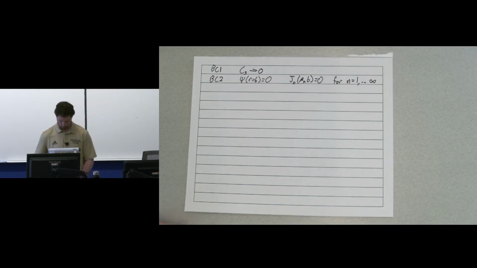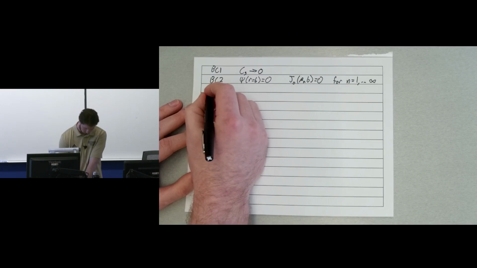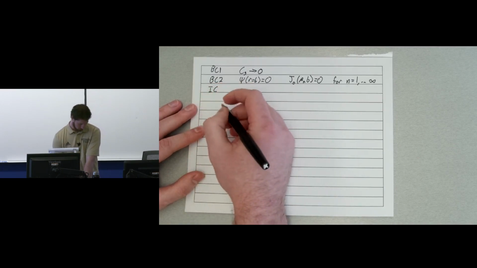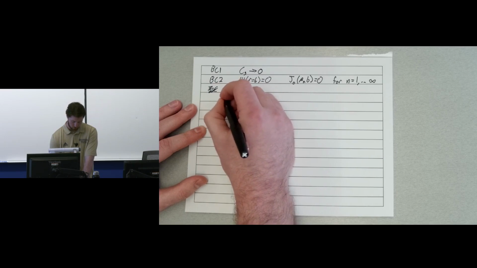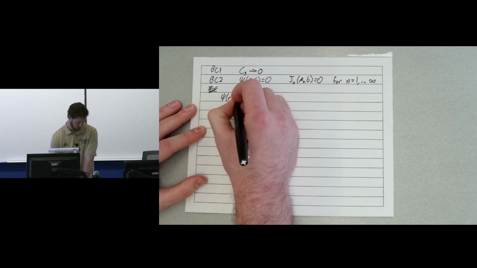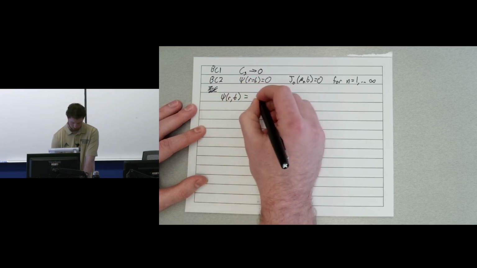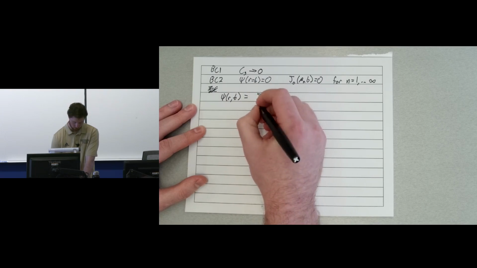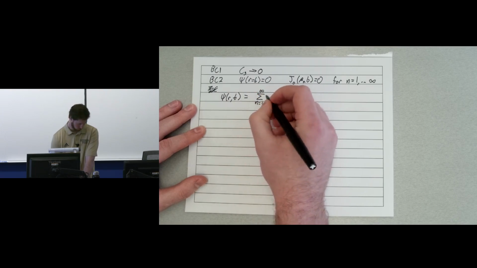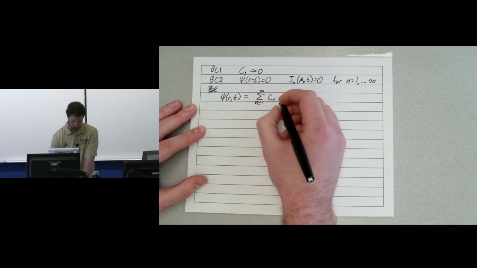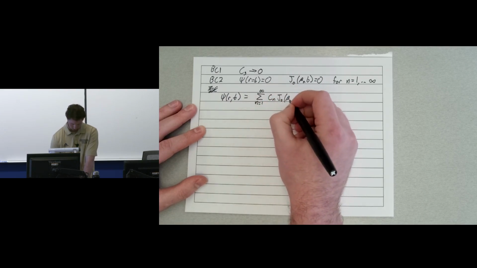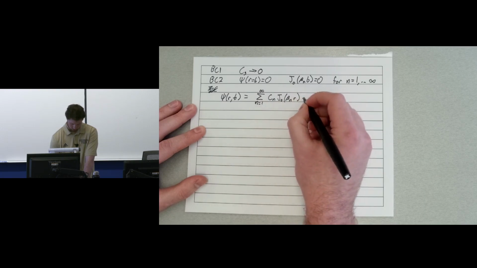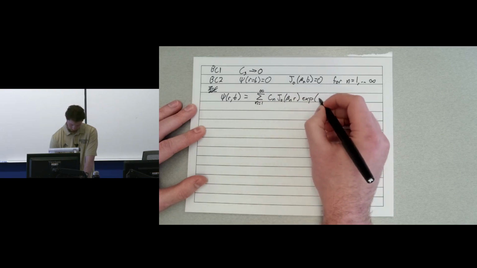All right, and then we can go ahead and apply our initial condition, or actually, let me rewrite this function out fully first. So we're going to say psi is now equal to the summation across all solutions, n equals 1 to infinity, some constant Cn times J naught beta n r times our exponent term.